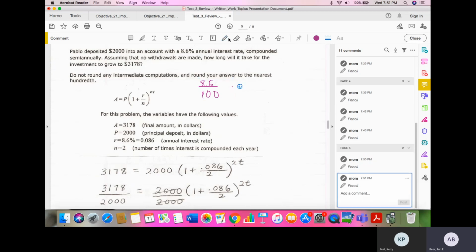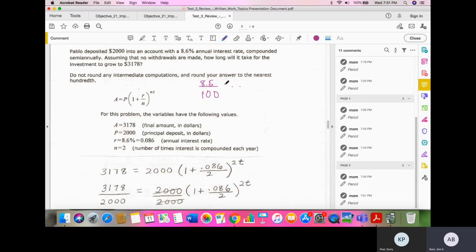This is equal to 0.086. And let's make the decimal point a little more prominent there.